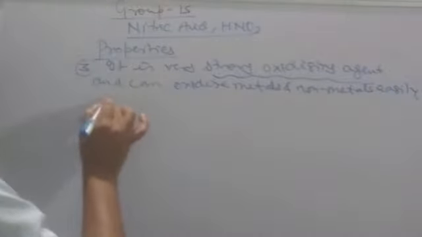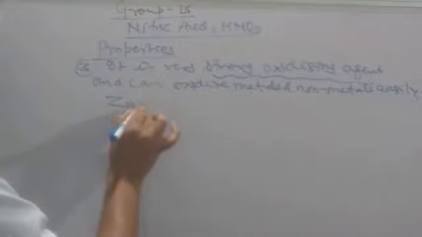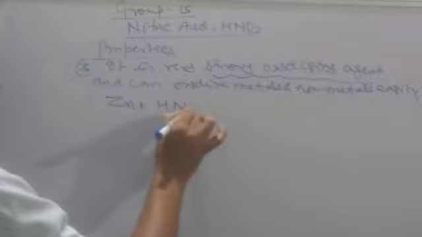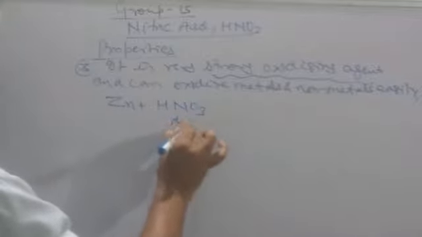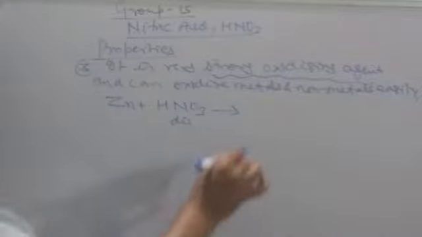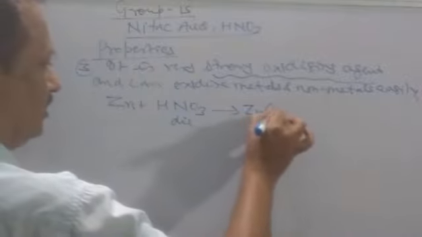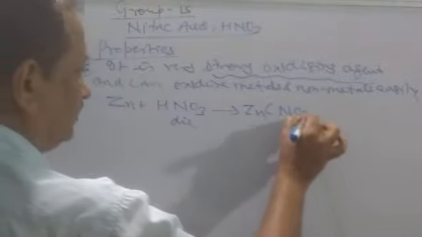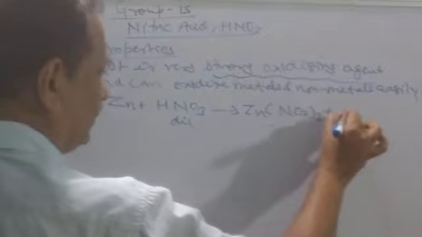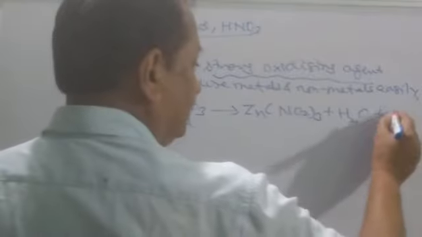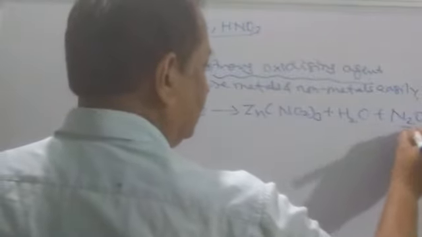Now coming to some more metals, like if you take zinc, on reaction with HNO3 in dilute condition, the salt will be zinc nitrate, plus there will be formation of oxide, dinitrogen oxide, nitrogen oxide.